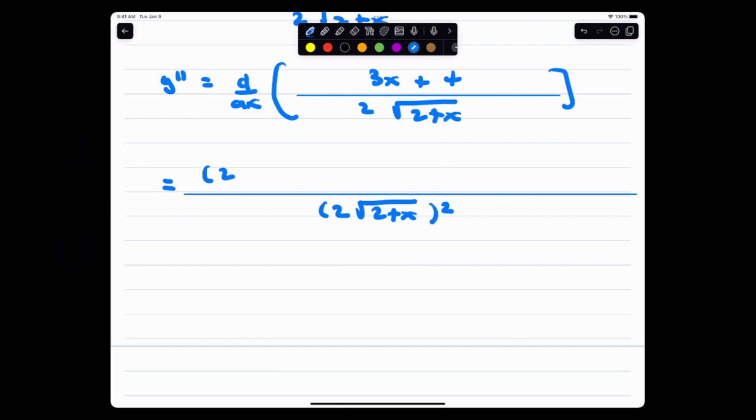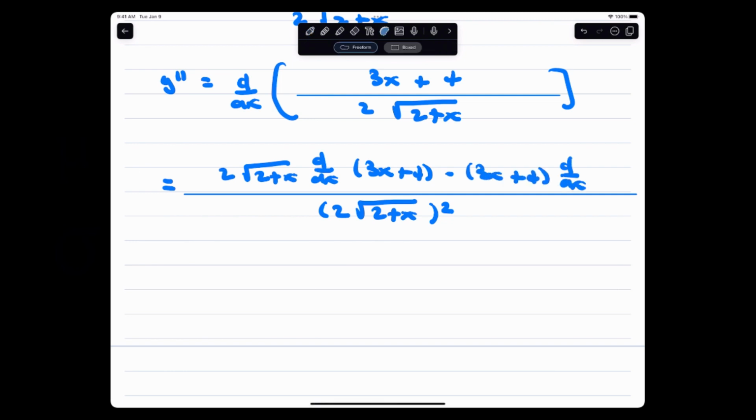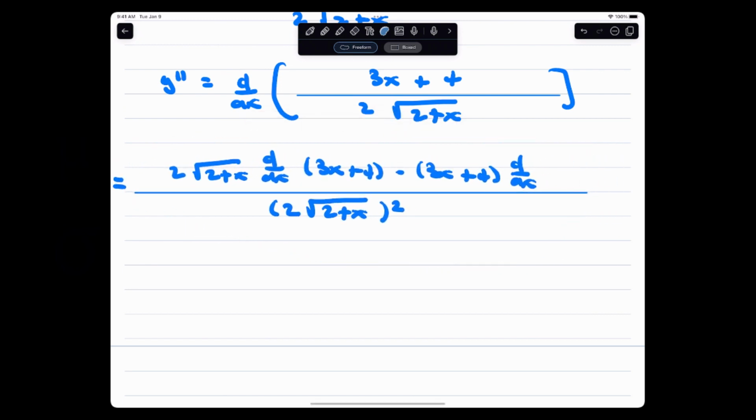Square the denominator. 2 square root of 2 plus x times the derivative of 3x plus 4, minus 3x plus 4 times the derivative of 2 square root of 2 plus x.